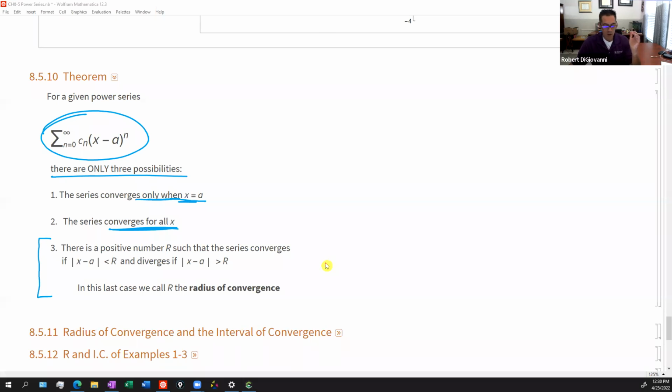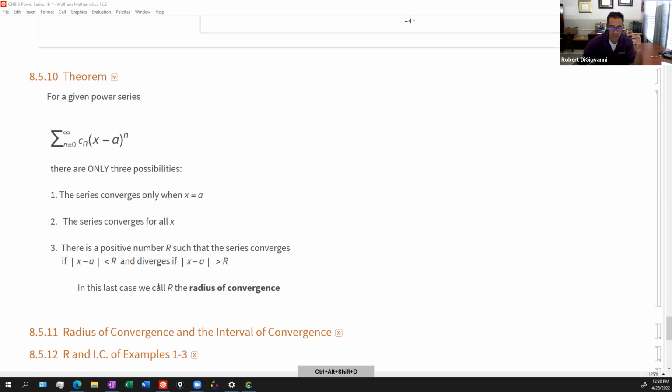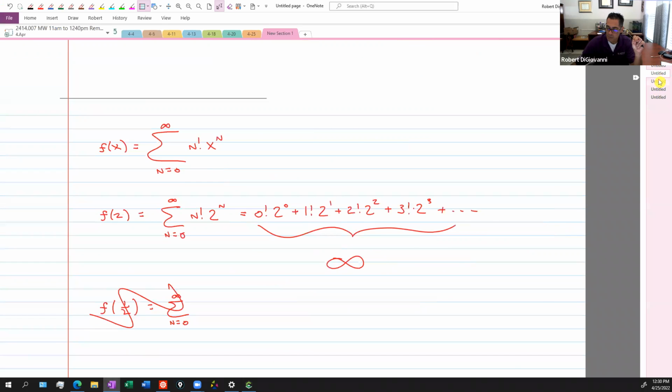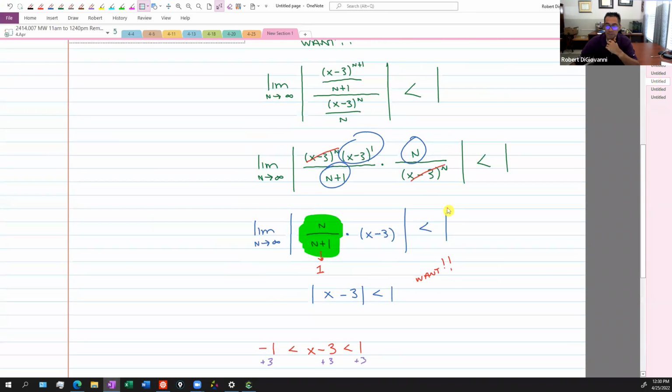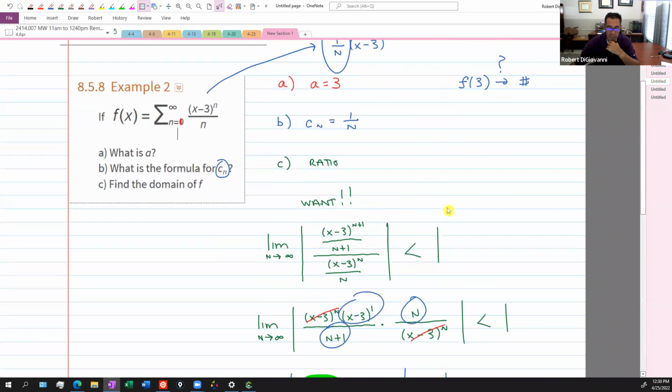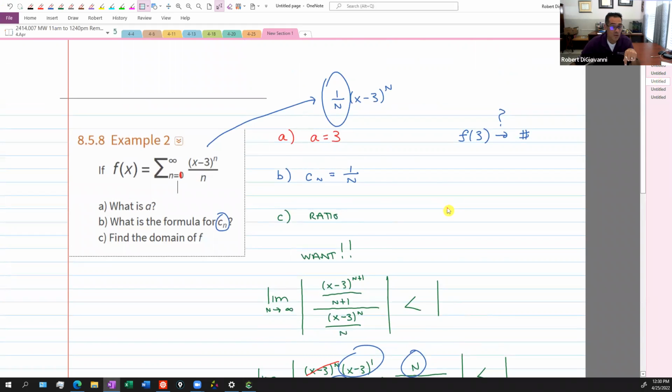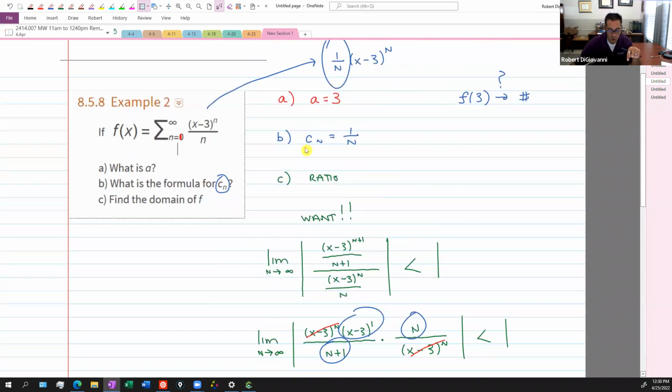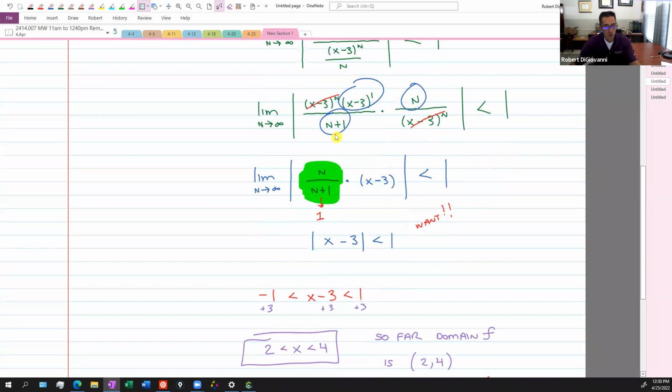Okay, so that last case is confusing. So what I'm going to do is illustrate this third possibility by going back up to the example we did a moment ago. Let's go look at our second example. This one right here converged on an interval. When we did the ratio test, we got to this box right here.